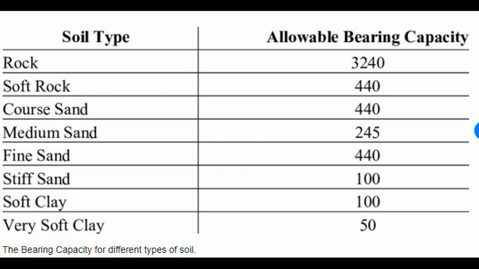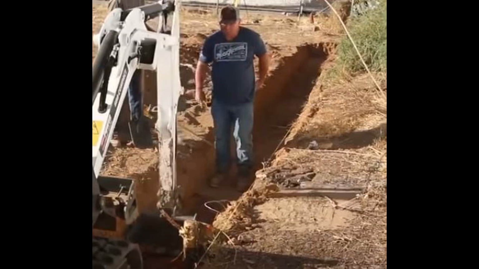Now, first, soil bearing capacity. This footing is required to be founded on a firm natural material with at least 100 kilopascal bearing capacity of soil. The depth of this footing is 300 millimeter.